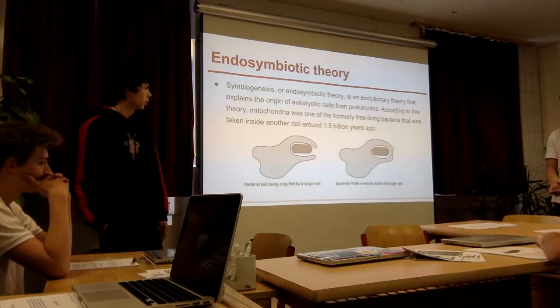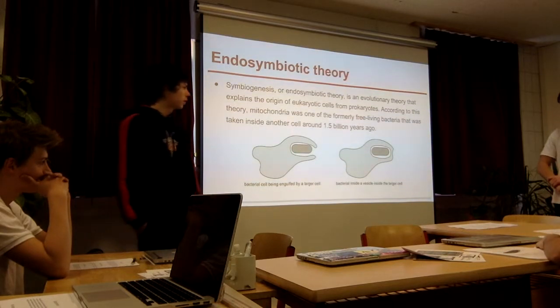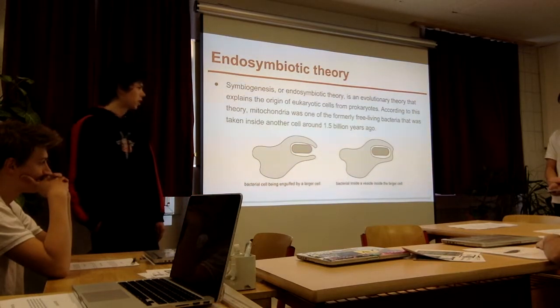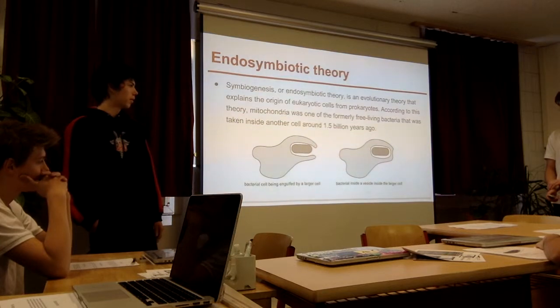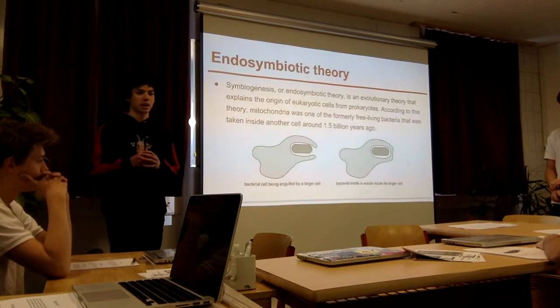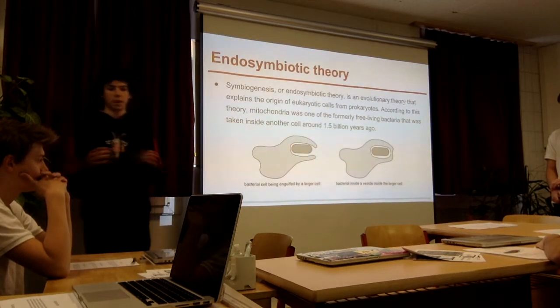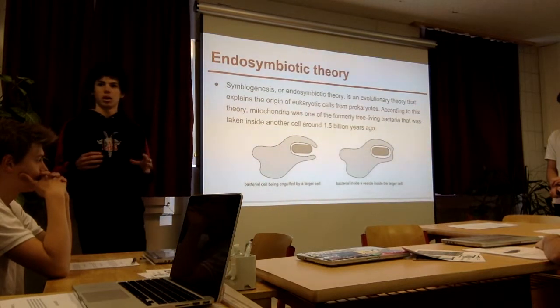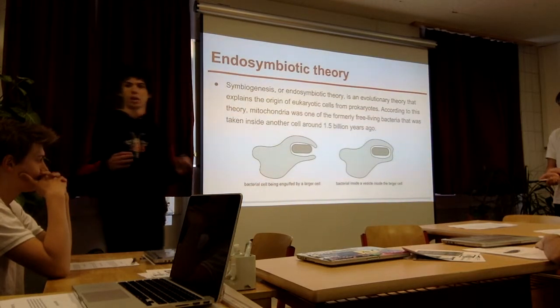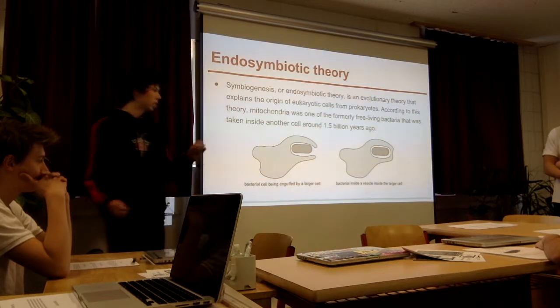According to this theory, mitochondria is one of the formerly free-living bacteria that was taken inside another cell around 1.5 billion years ago. So it was taken inside and swallowed, and it became its own thing. So it has different properties.